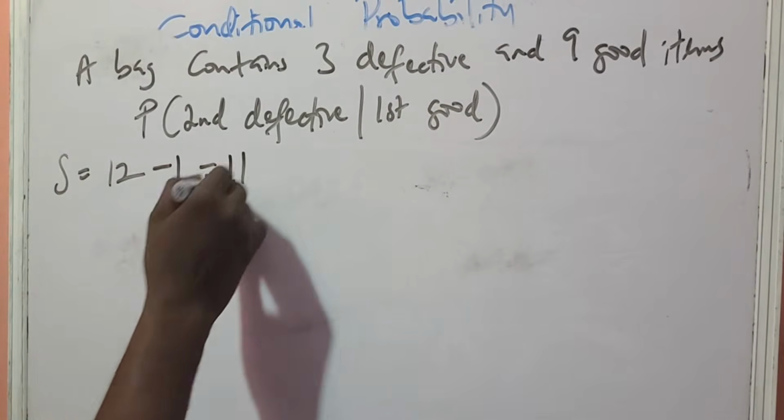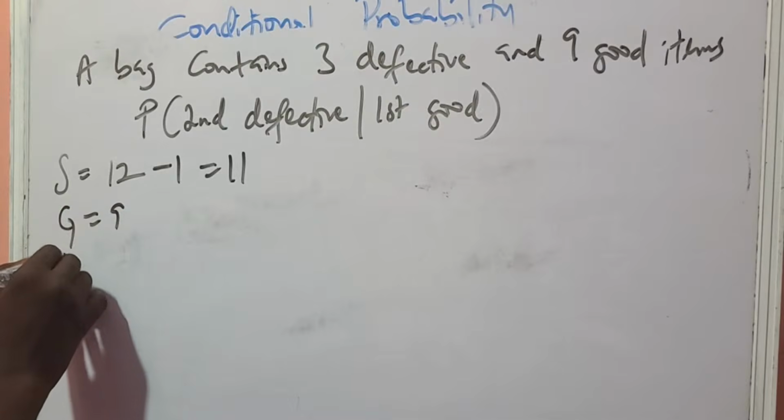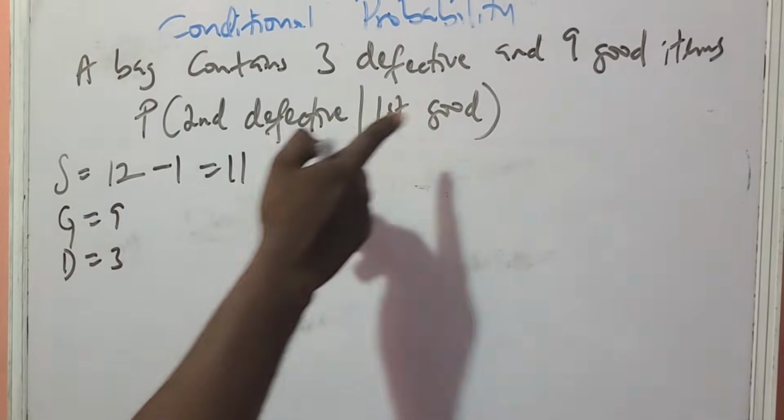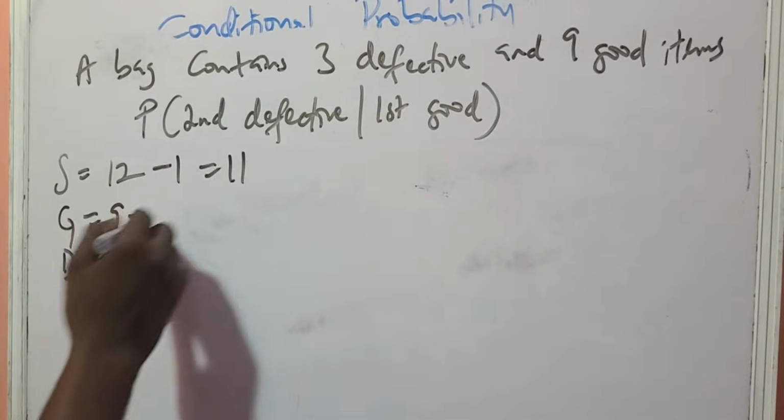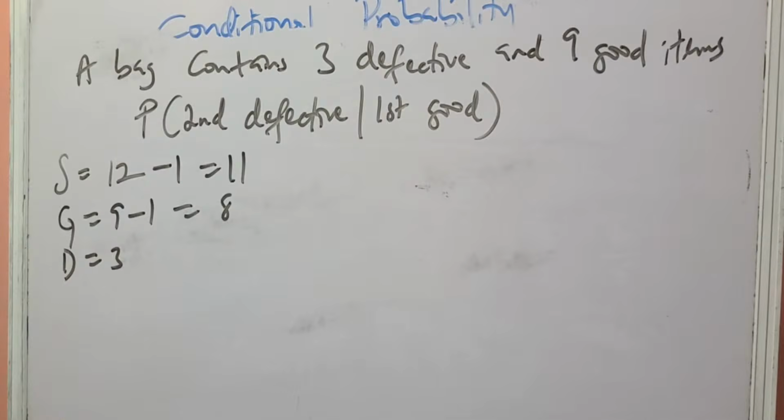So you are left with 11 items. Of course, the good ones we had 9 initially, the defective ones we had 3. You've taken 1 out of the good ones, so we are left with 8. But the defective is still intact. It's still 3 defective left.